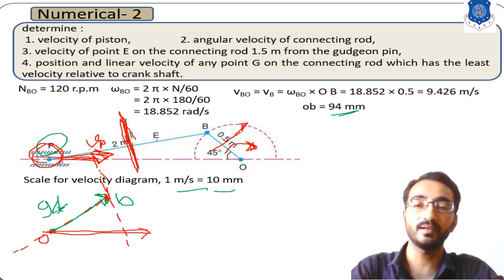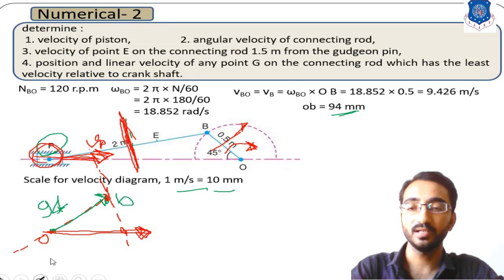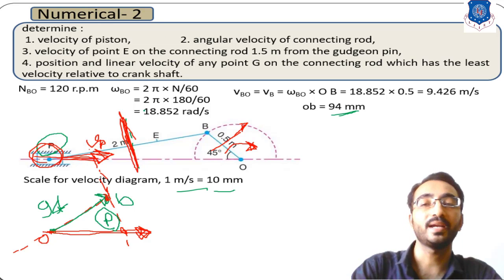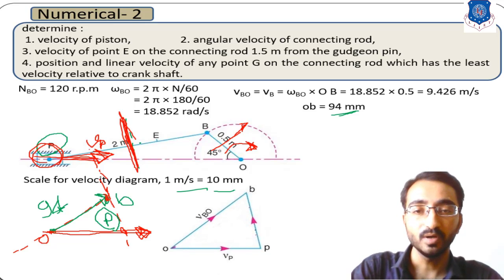The direction of velocity of slider is also in the horizontal direction. So by joining these 2 points, this intersection point will give you the position of this point P, which is slider of your single slider mechanism. So in this way you can sketch velocity diagram of this arrangement.